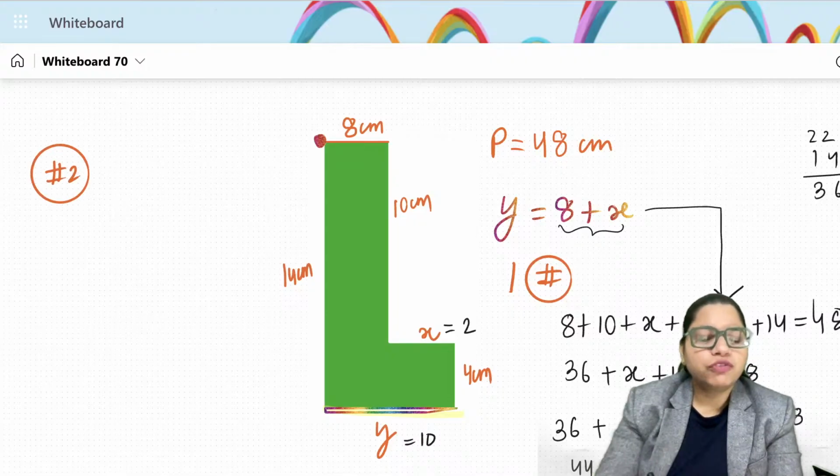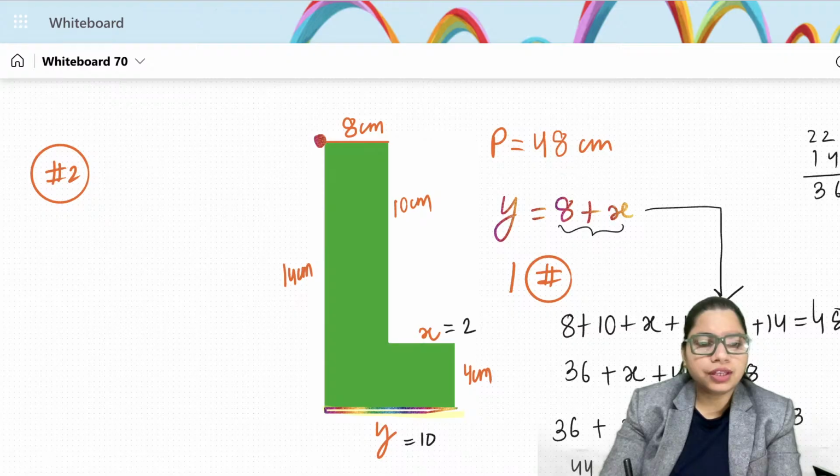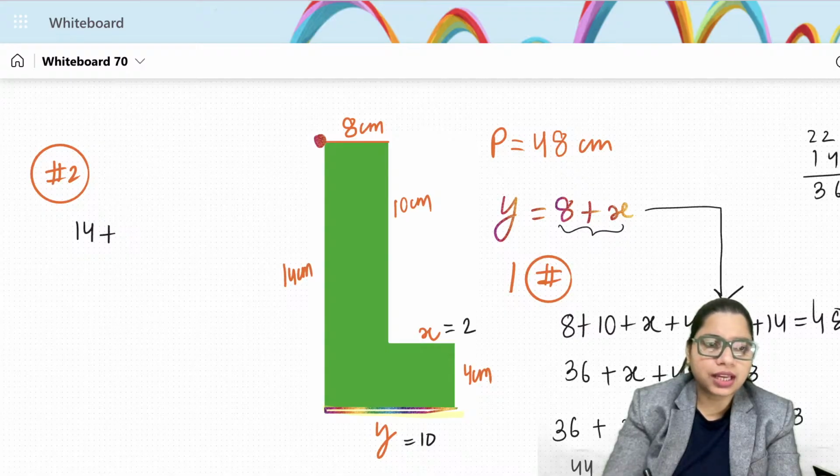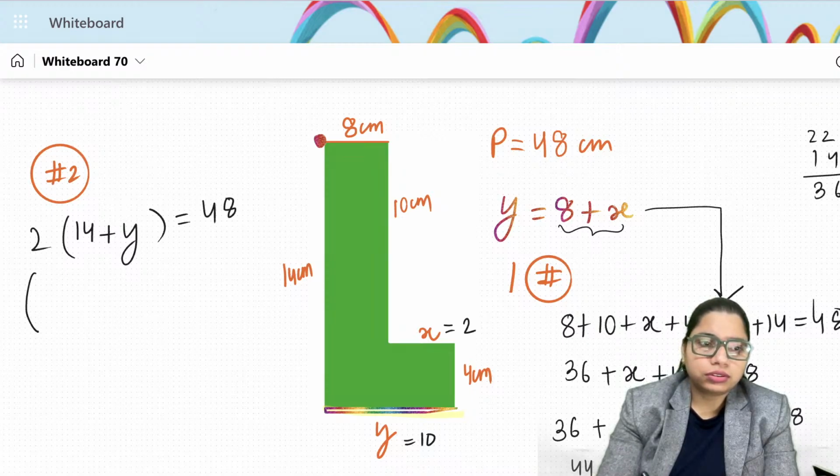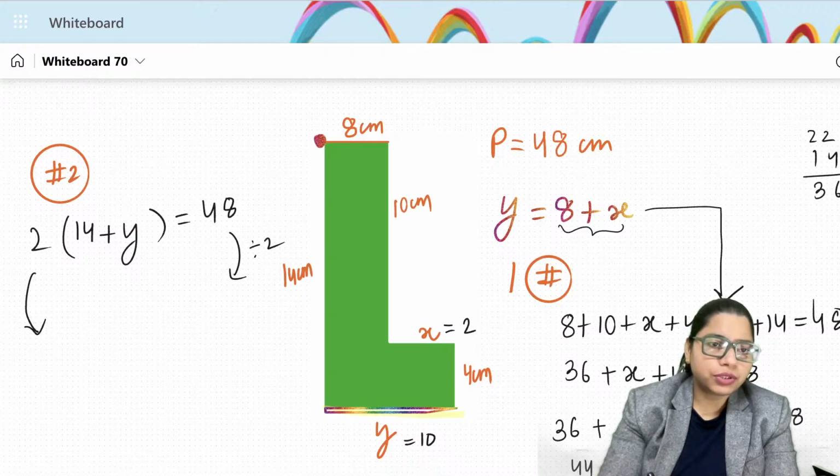Method 2. For method 2, we have the shortest method. We are going to be doing 14 plus the bottom side, which is y, and if you double this, you get the perimeter. Now you have to solve this. You are able to solve these things, I feel. Just divide by 2 both sides.